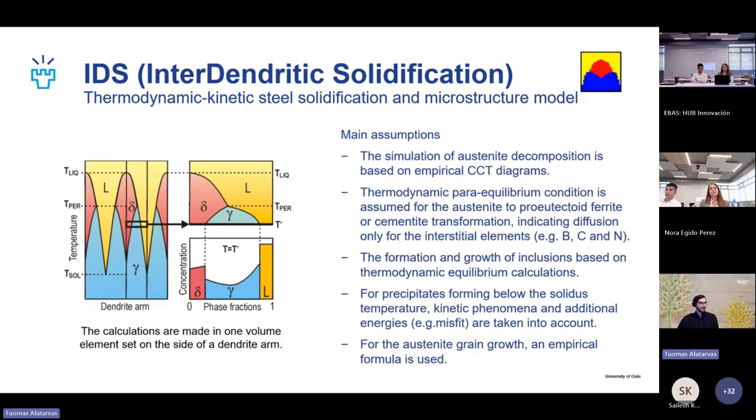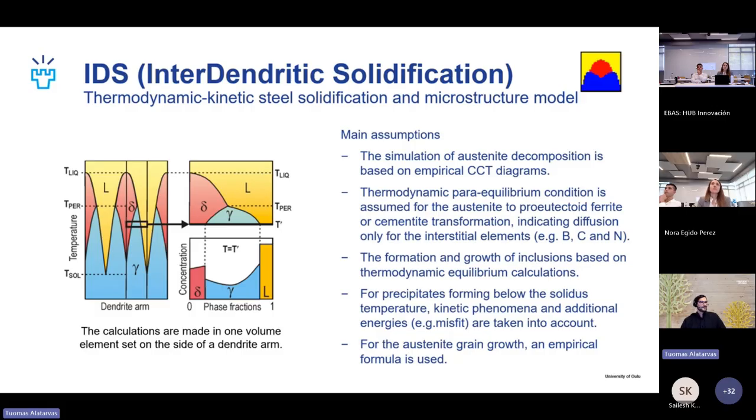So, like the title suggests, the simulation goes in a very small volume within the interdendritic region. The main assumptions for the calculations are also listed in the slide.